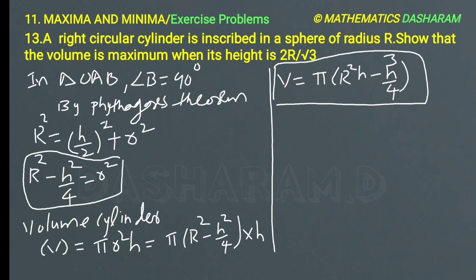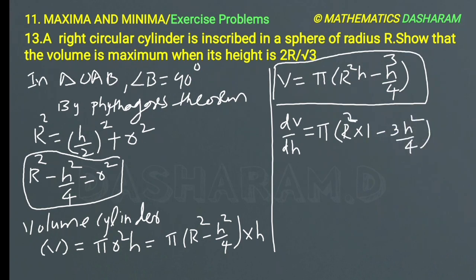So now find dV by dh, not dV by dR, because in this function the variable is h. Why? Because we have to prove that the height of the cylinder is 2R by root 3, which means R is a constant. So we do the derivative with respect to h: pi into (R square minus 3h square divided by 4).